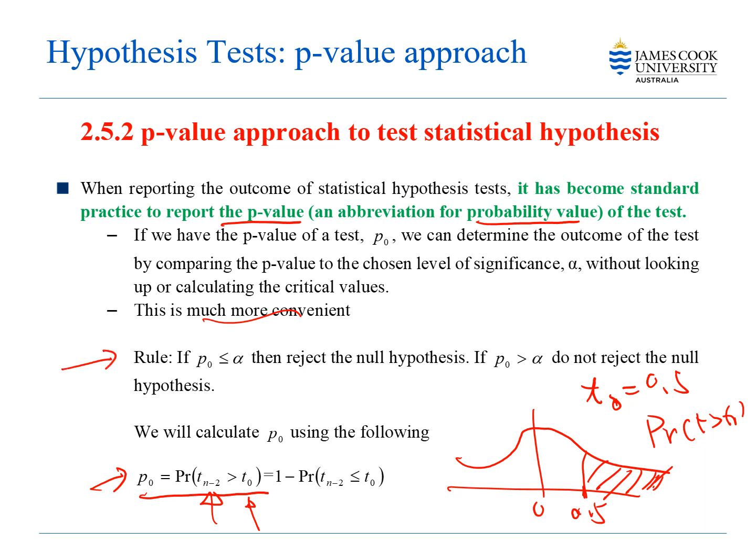The decision rule is that if the p-value is less than the level of significance, say we calculate the p-value to be 0.02 and we choose alpha equal to 0.05, then the p-value is less than 5% and we reject the null hypothesis. If, in contrast, the p-value is bigger than the level of significance, we do not reject the null hypothesis. This is the p-value approach.